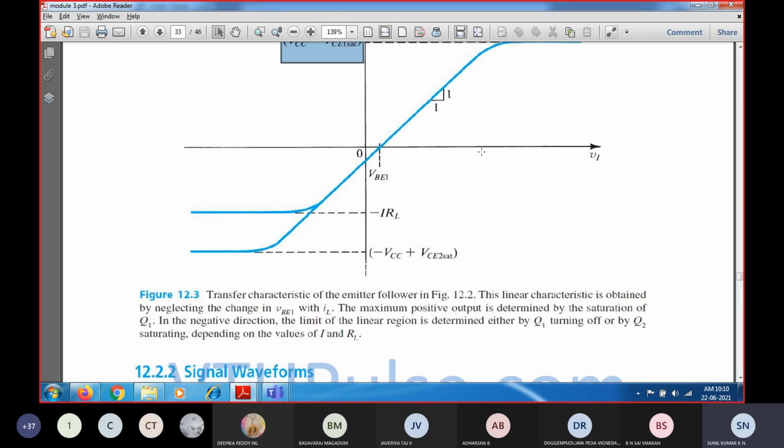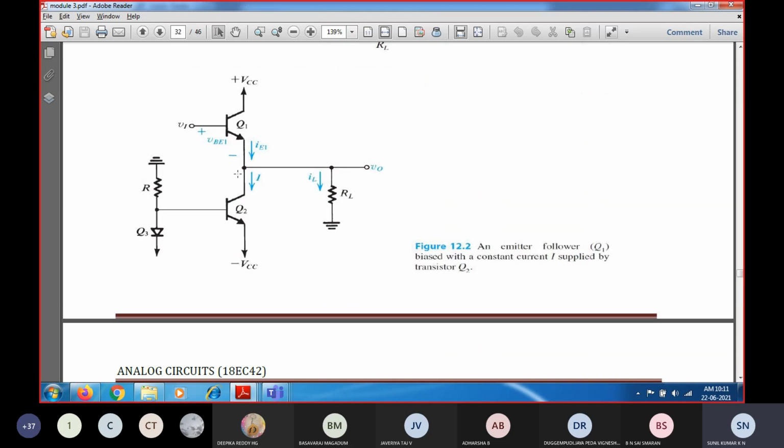Similarly, during the negative half cycle, the maximum load current can be given. During the negative half of the cycle, transistor Q1 will be in the cut-off region, because it has a reverse bias, so it enters the cut-off state. Only because of transistor Q2 will the current flow.